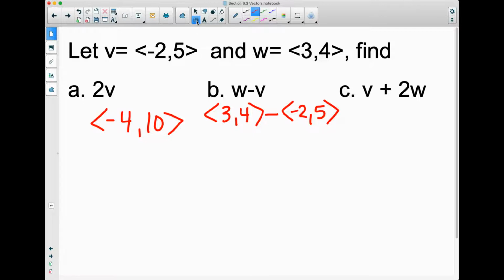Writing it out like that will hopefully help, because then we have 3 minus a negative 2, and then 4 minus 5.